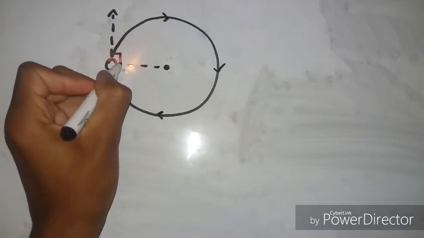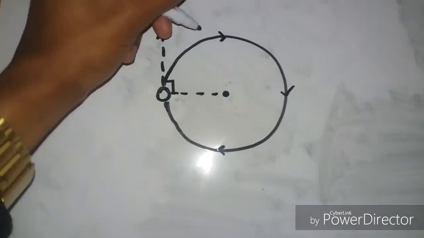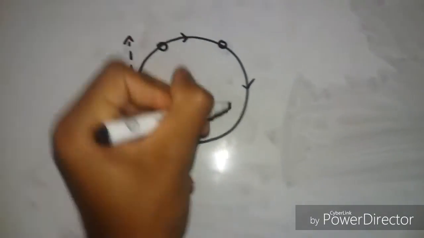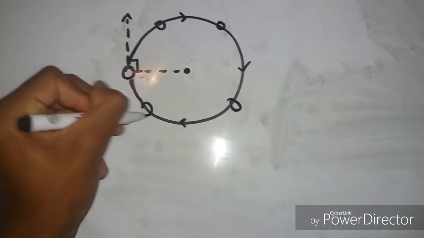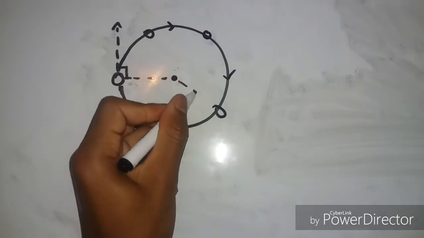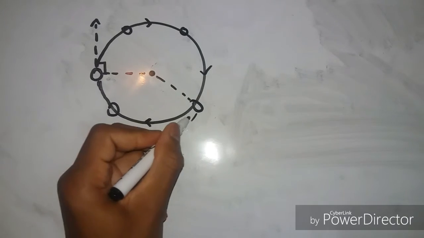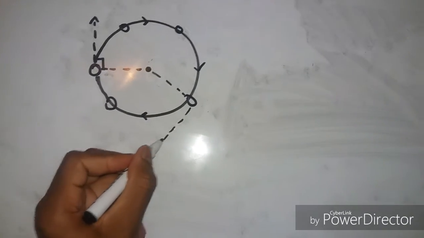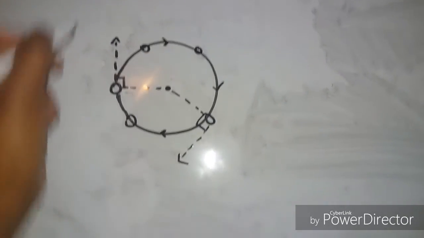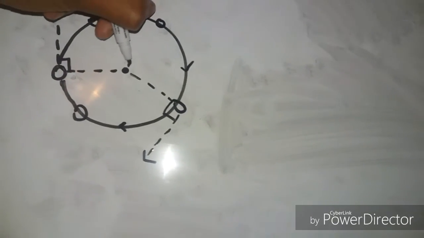All right. So at any point on the circle, whether you're here, here, here, here, it's always gonna be tangential. All right, 90-degree angle here. Let's just do this one real quick.